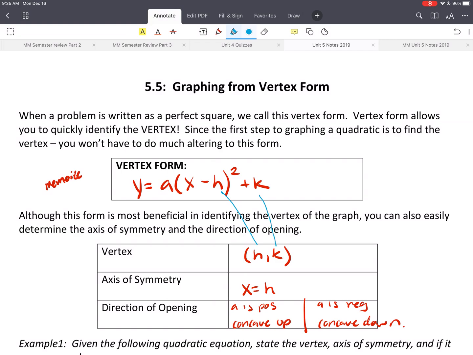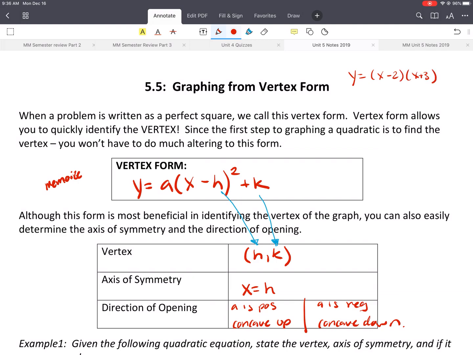Just remember, whenever you take something out of a parenthesis like this, because this is a negative, whenever we take h out for the vertex, it's going to change its sign. Just like we did when we had intercept form. So let's say you had an equation like y equals (x minus 2)(x plus 3).